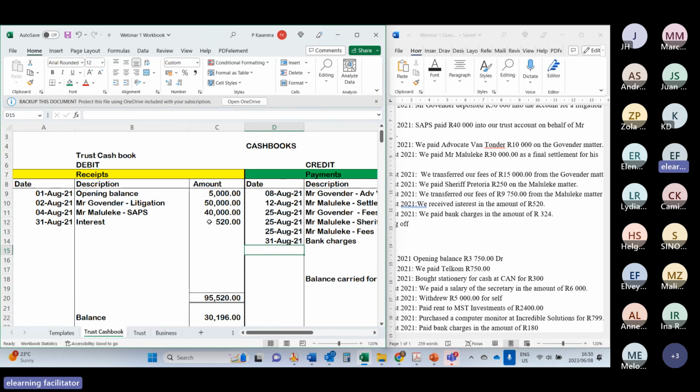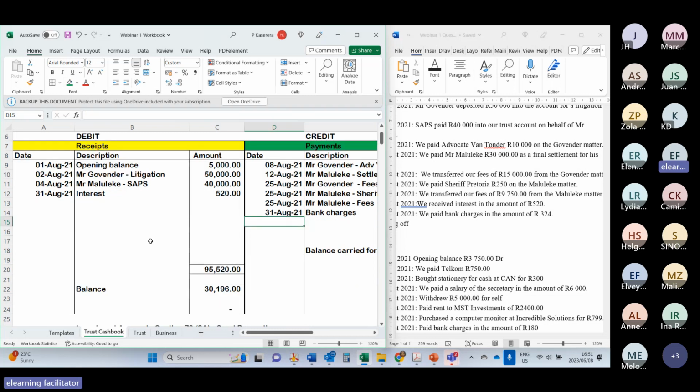Even if we are to give you a business cash book, the concept is still the same. Receipts on the receipt side, payments on the payment side, or receipts on the debit side, payments on the credit side, and then you balance off between the two.